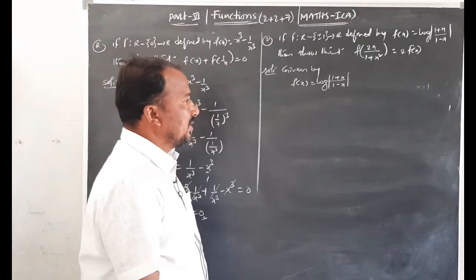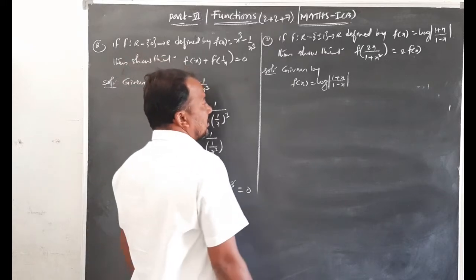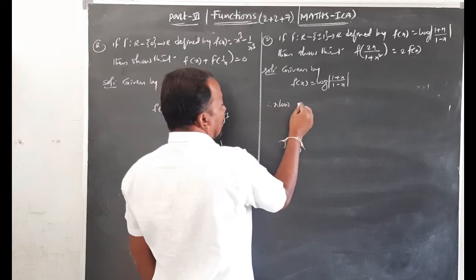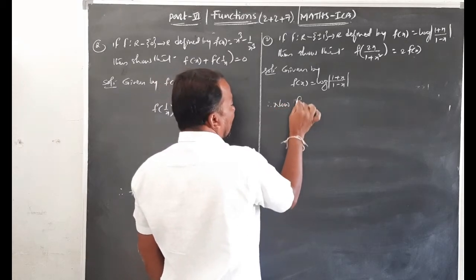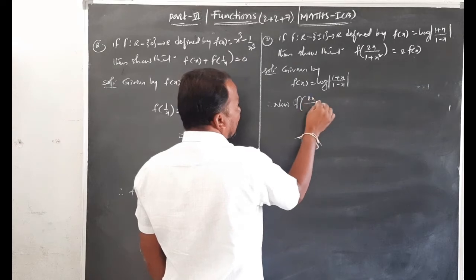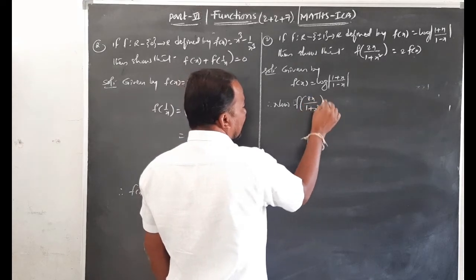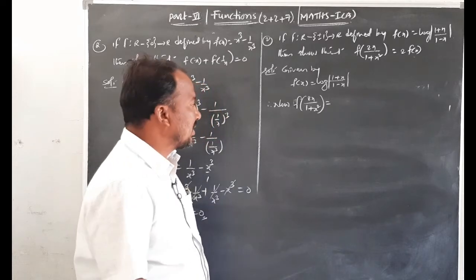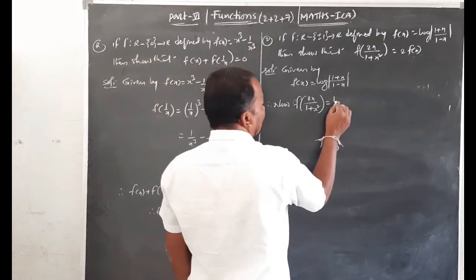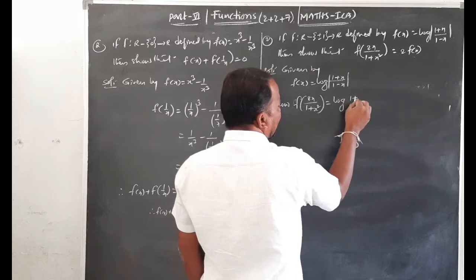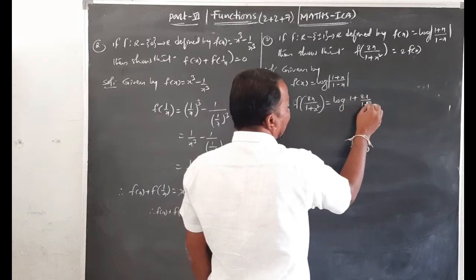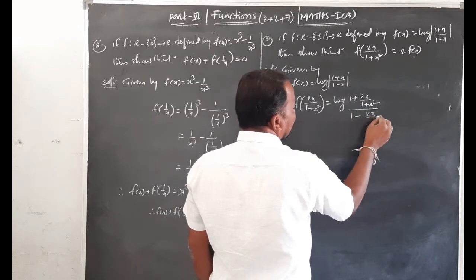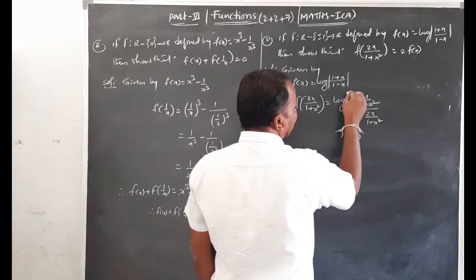Now find the value of f of 2x by 1 plus x square. Substitute x equals 2x by 1 plus x square: log of mod (1 plus 2x by 1 plus x square) by (1 minus 2x by 1 plus x square).